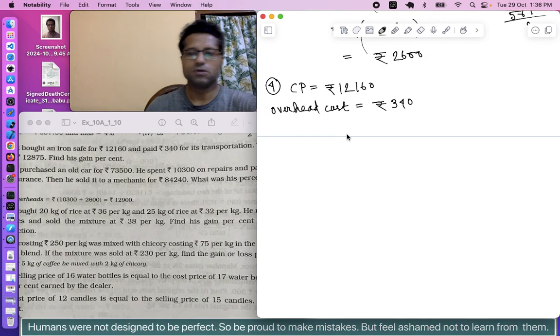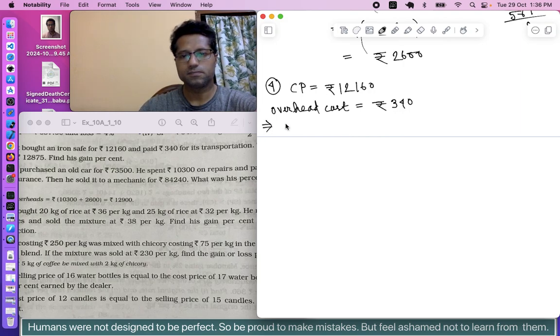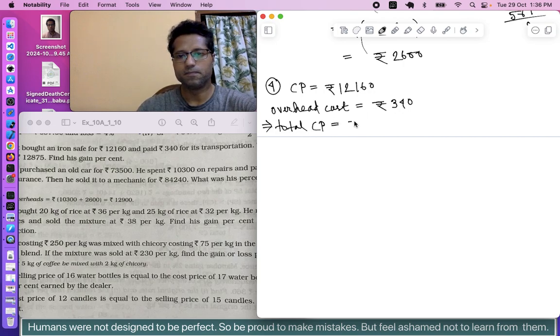From here this implies the effective or total CP will be rupees 12,160 plus rupees 340.